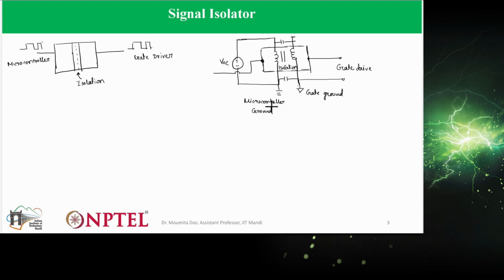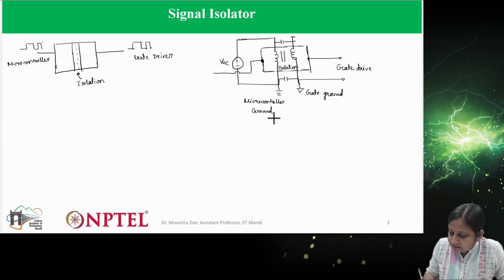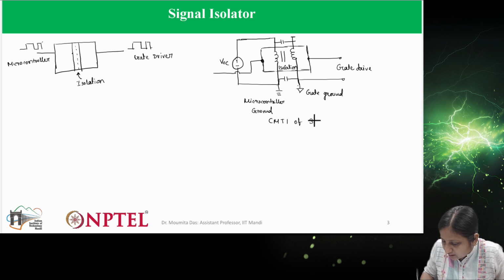So these two grounds should be different. There should be isolation between these two grounds, so that there should not be a connection between the input and the output. So these are the two requirements for a signal isolator. So this is the circuit for common mode transient immunity of a signal isolator.